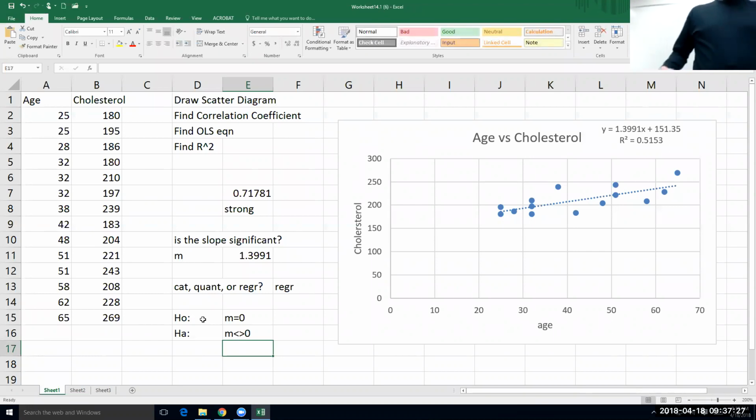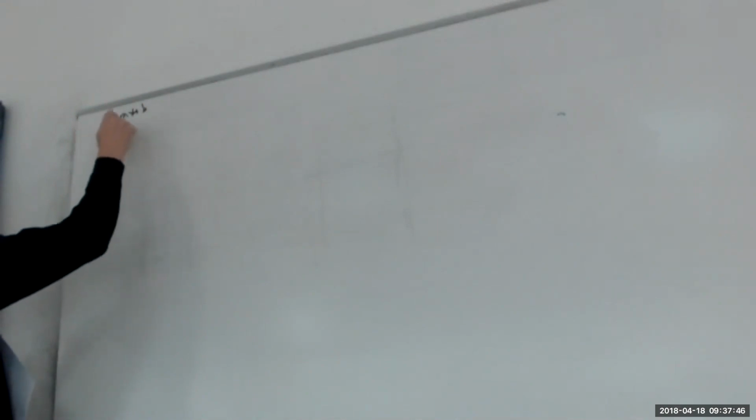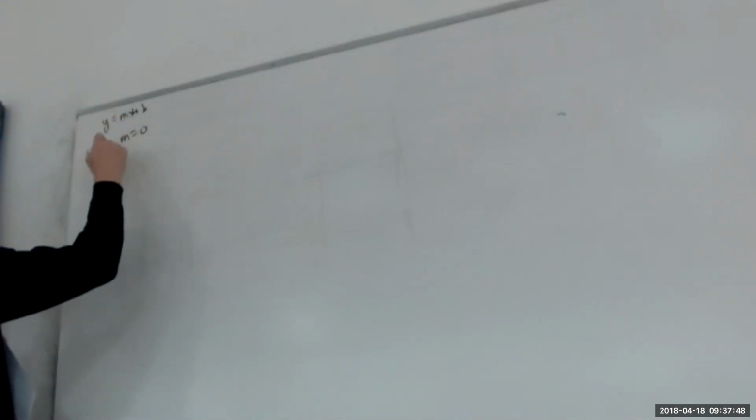All right. Now, I'm doing a few things that don't quite follow the book, so let me explain what's going on here. In the book, we're used to y equals mx plus b. That's why I'm saying my null hypothesis m equals 0 and the alternative hypothesis m does not equal 0.